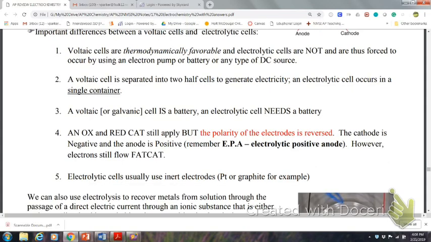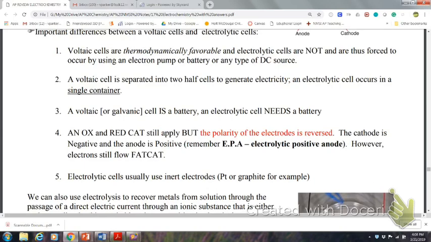So first of all, of course, we said voltaic or galvanic. Remember, those words are used interchangeably. Voltaic cells are thermodynamically favored, and electrolytic cells are not. Thus, we have to force the reaction to happen by having some sort of battery or direct current source.